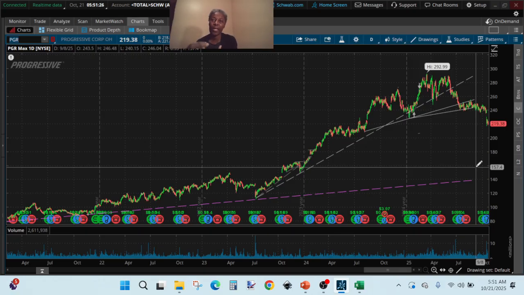That way we can buy very low when the stock is done with one cycle and starts a new one, pulls back to the support line and starts going up from there. After we see a few higher lows, we'll buy some shares.